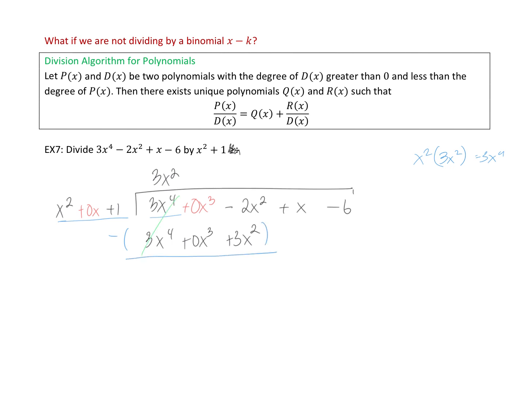That cancels out there. That also cancels out, and then we have the negative 2 minus the positive 3, which will give me negative 5x squared. We'll go ahead and drop these terms down.